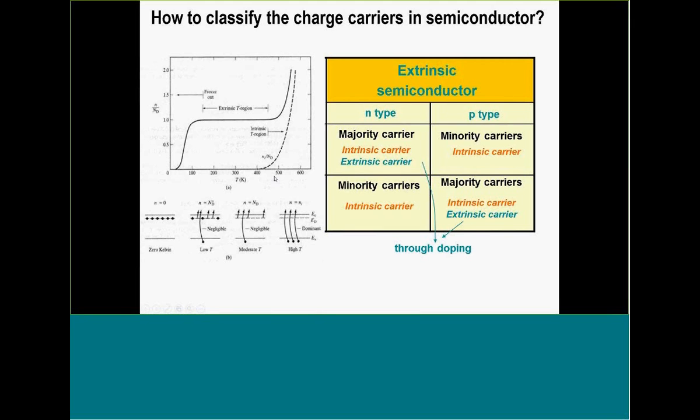So at high temperature, there is an avalanche. If you look here, there is a very sudden increase in the number of charge carriers. You can see that this particular region is the extrinsic region, where most of the carriers are due to the dopant, or the extrinsic carriers. But at high temperature, you are not able to control the charge carriers anymore because they come from the intrinsic.